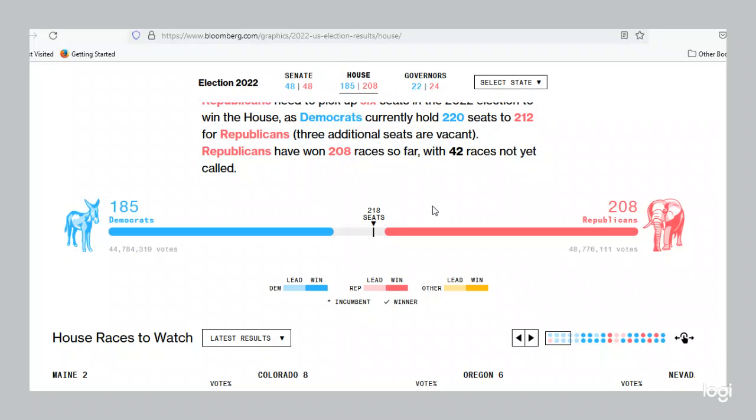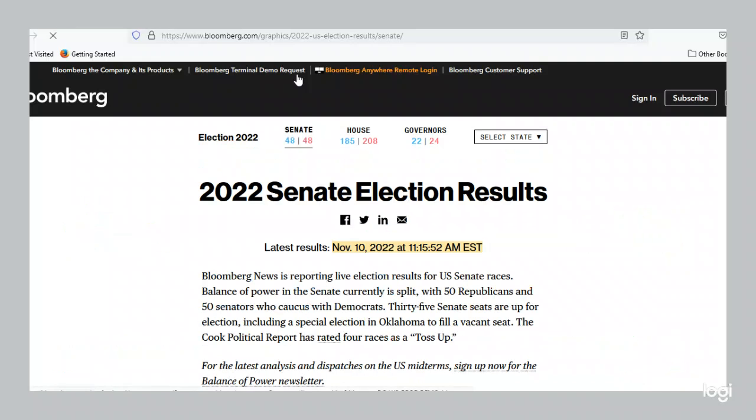Before these elections, the Democratic Party had a slight majority. Results aren't in, but it looks like Republicans are on their way to a slight majority now. And it was expected that Republicans would likely take control of the House. That's what's happening. For the Senate, it's a bit of a different story.